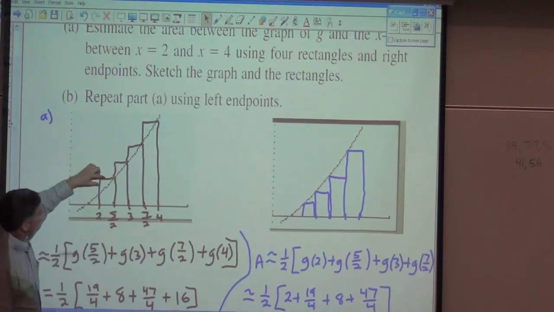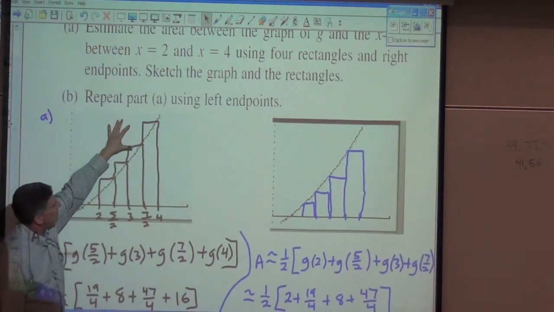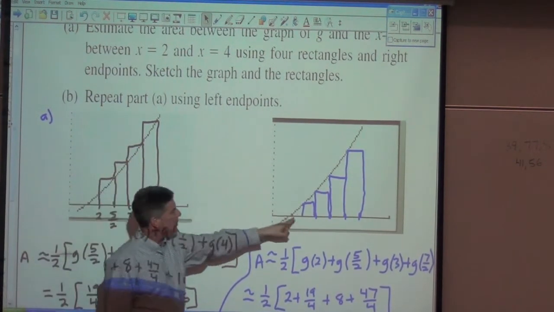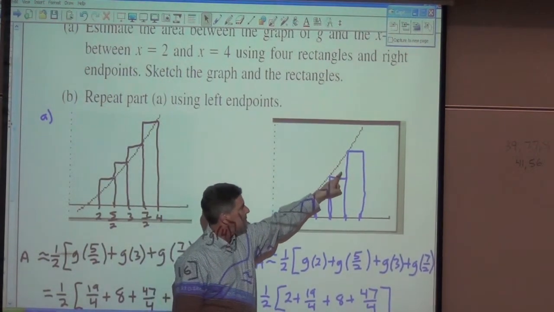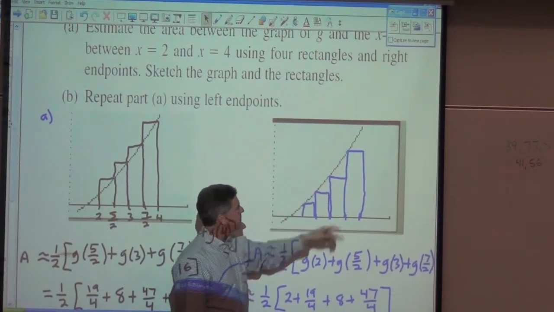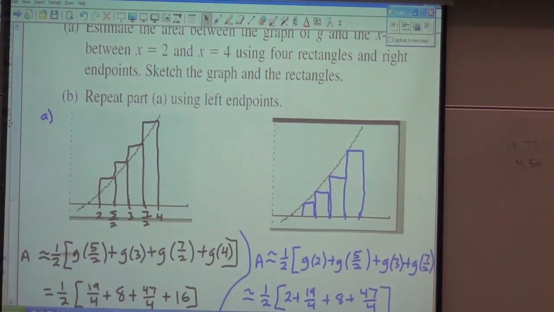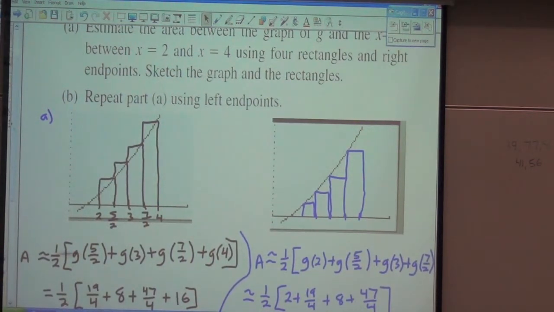So if you look, every time this got bigger above, there's more that we're missing. As we went out further, the graph gets higher as it's increasing.